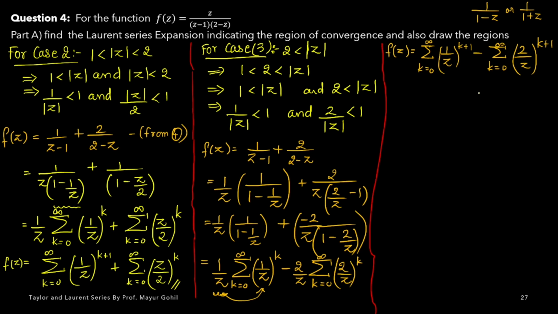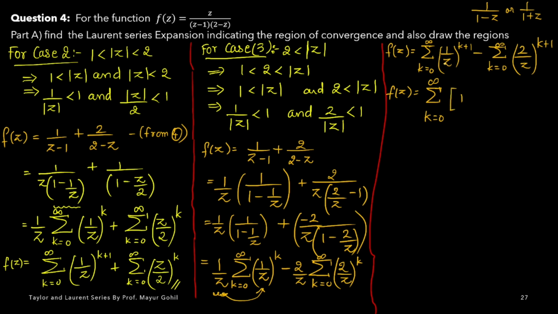Now this can be your final answer, it's not an issue, but simplification is possible, so please simplify this a bit. So what you will get is, here you take summation common. So when you take summation common, you get k going from 0 to infinity, and in the first part you will get 1.